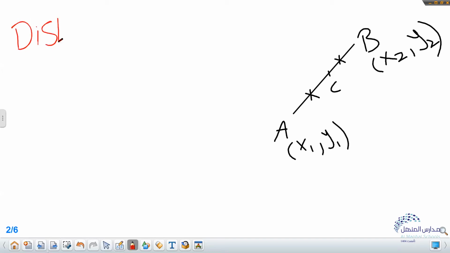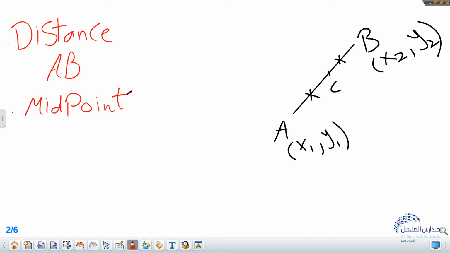First, this distance, like AB. Second rule, midpoint, which is C, and slope, which is the slope of AB.